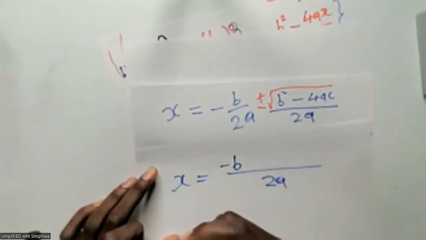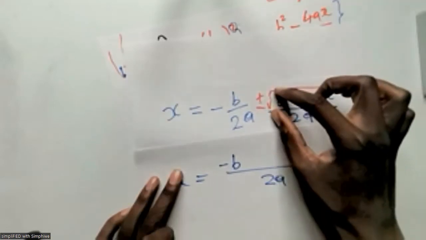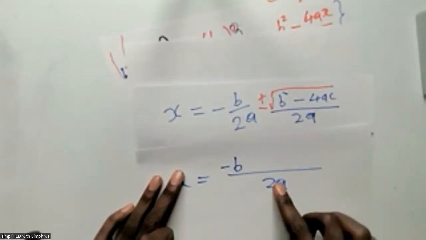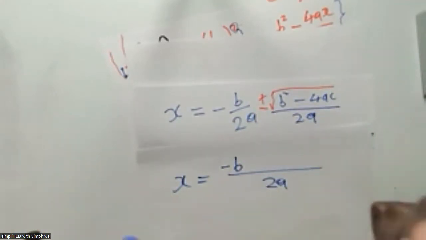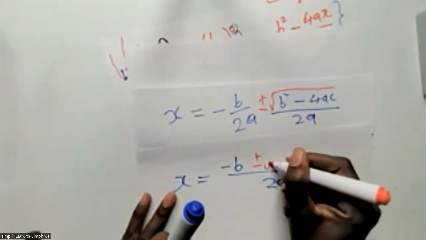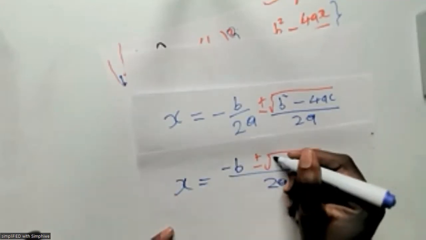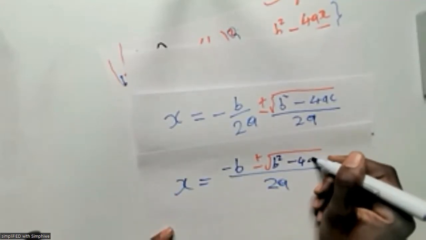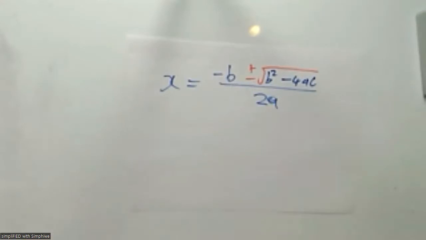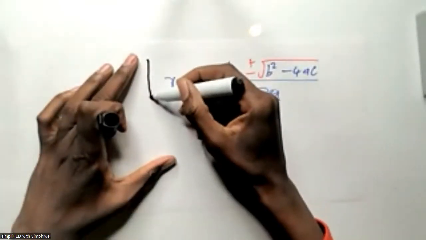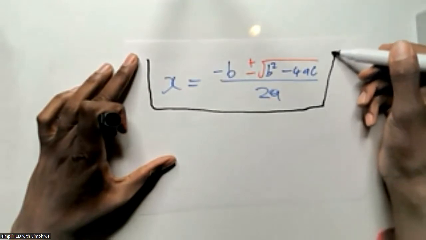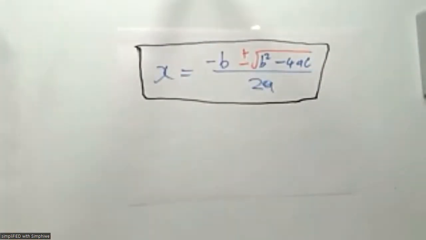This divided by this is 1, and 1 times that is minus b. We're left with this term here: 2a divided by 2a is 1, and 1 times the entire thing there is plus or minus the square root of b squared minus 4ac. And then we say this is our quadratic formula. So this is how our quadratic formula comes about when we complete the square.